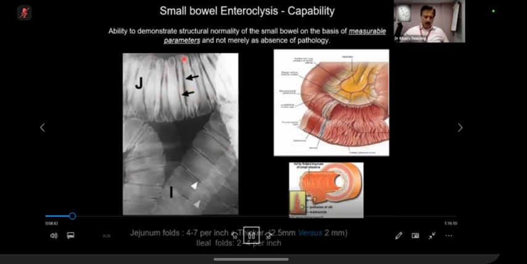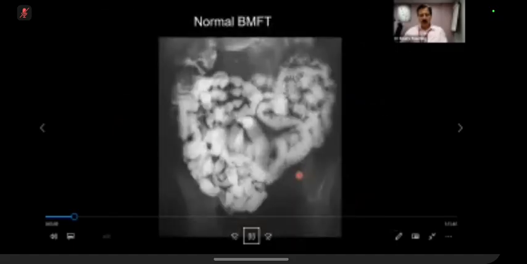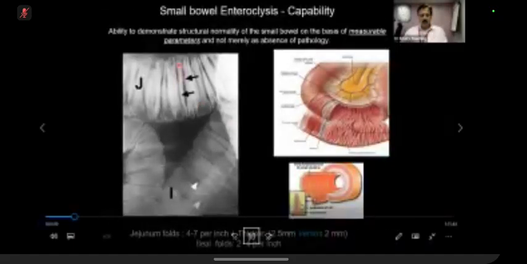Now, this black thing here is that valvula conniventes, and this thing here is the space where the barium is. So this is known as interspace, right?